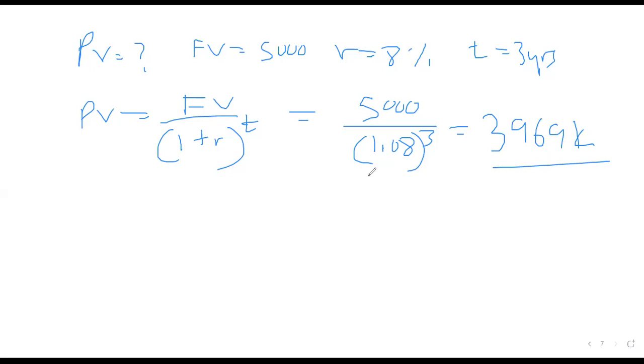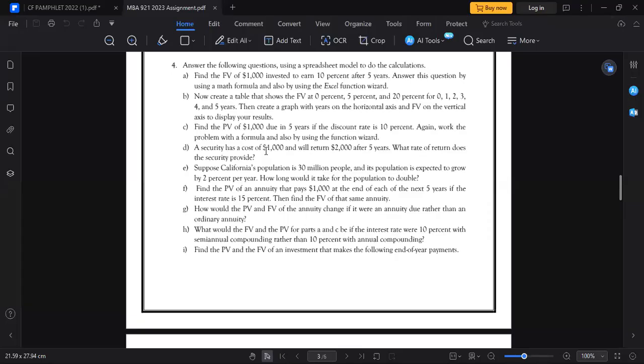So we are just using these questions to calculate our present value, future value, etc. So from what I've explained now, I want you to choose any of these, 1, 2, 3, up to I. Pick any of them and you can lead us through.